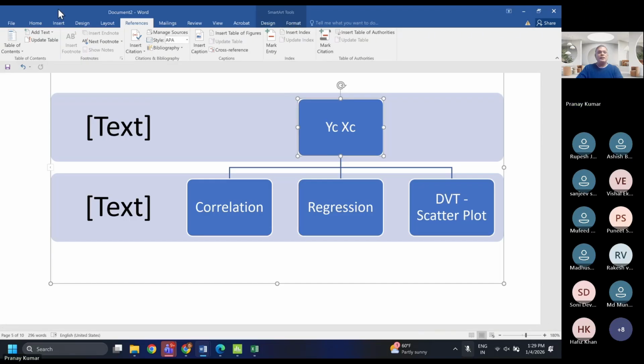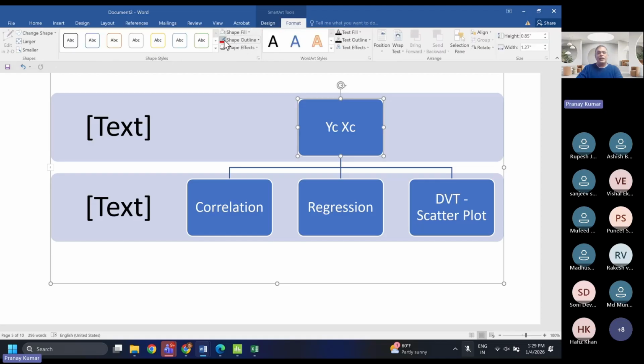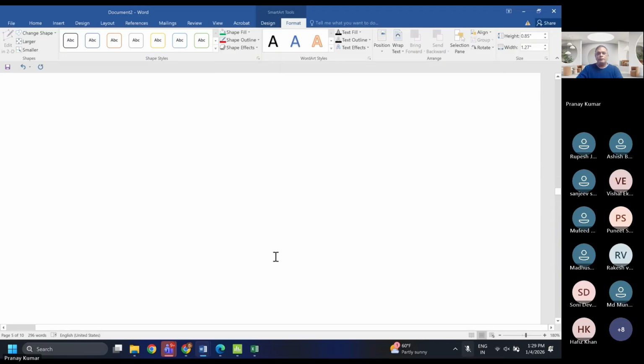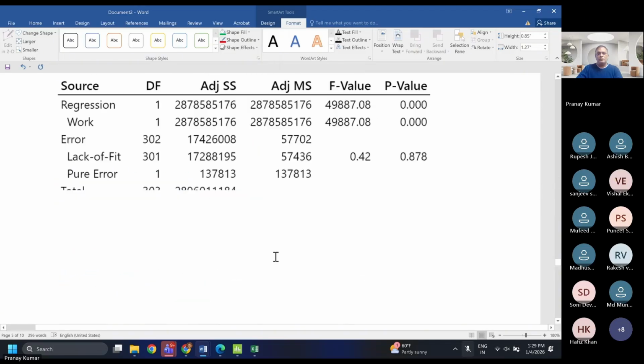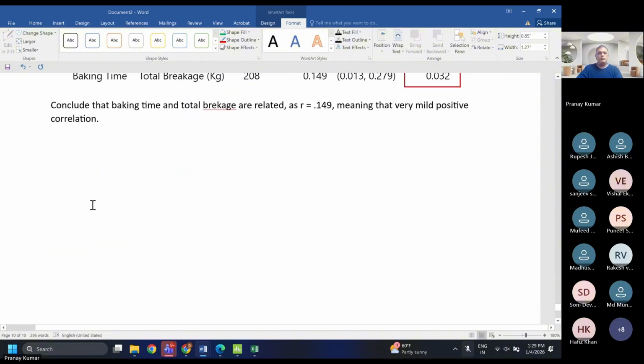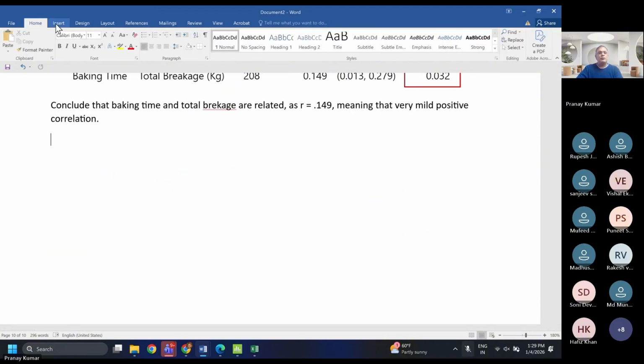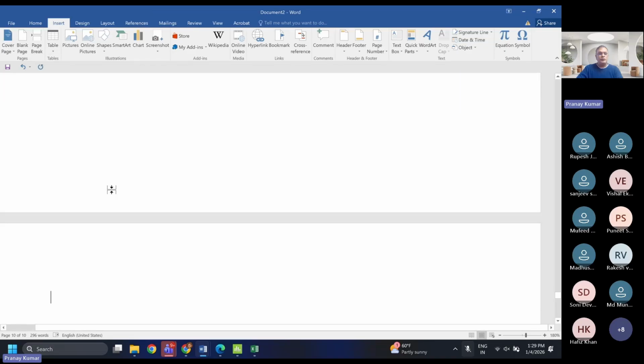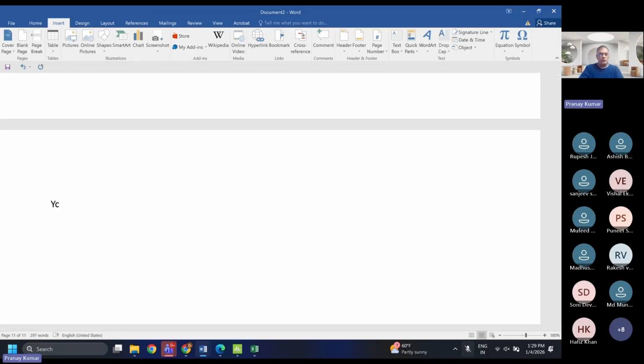Next set is when my y is continuous but x is discrete data. Insert page break. Y continuous, x discrete.